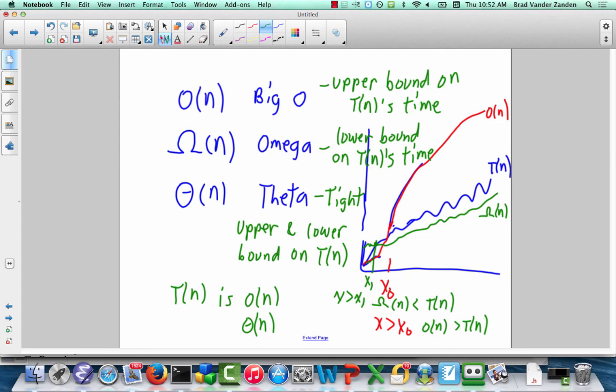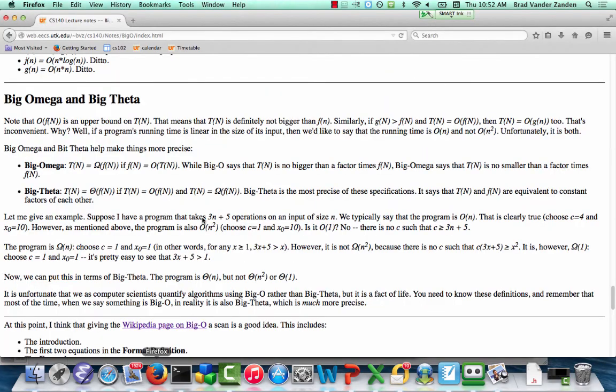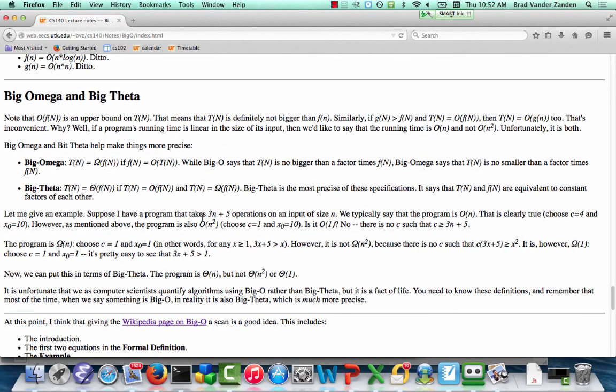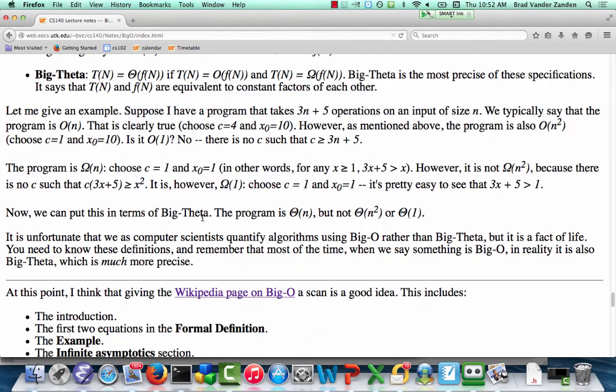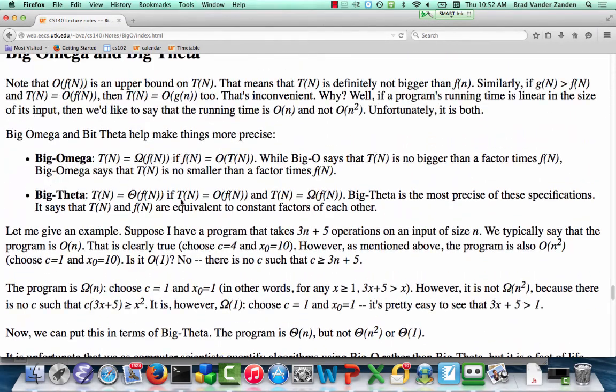Okay, so here are the definitions, prepared to be dazzled. Nice mathematical definitions.